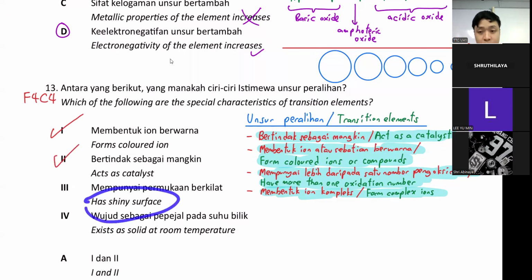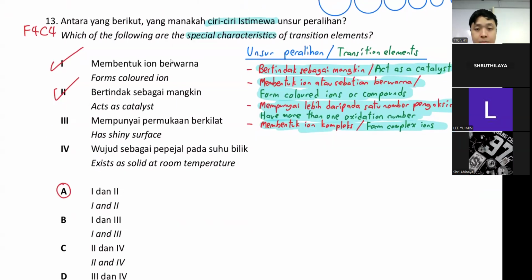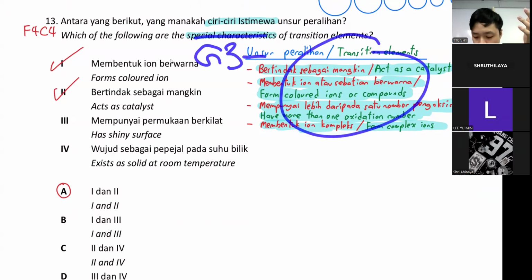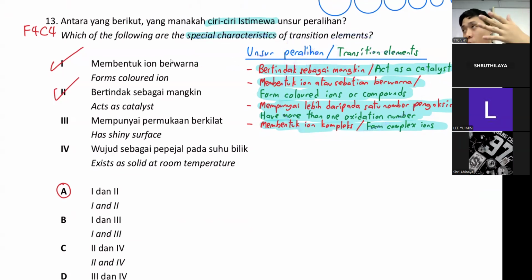Has shiny surface is not special. This is physical property. You talk about special, istimewa. Has solid, this one is physical property. So the answer is A. Special characteristic of form. Now the element between group 3 to group 12. Remember, like nickel, like chromium, like iron, okay, like scandium, vanadium, all this.